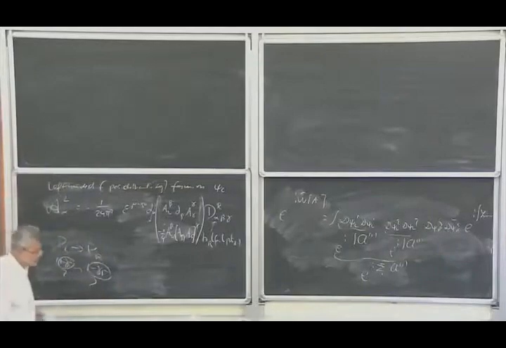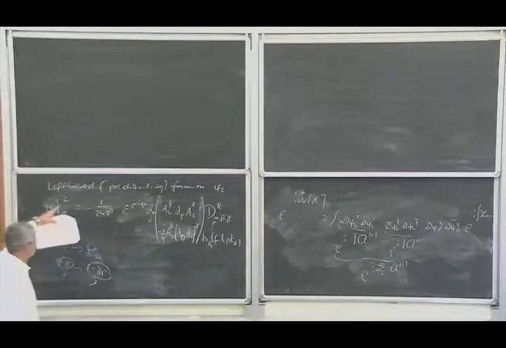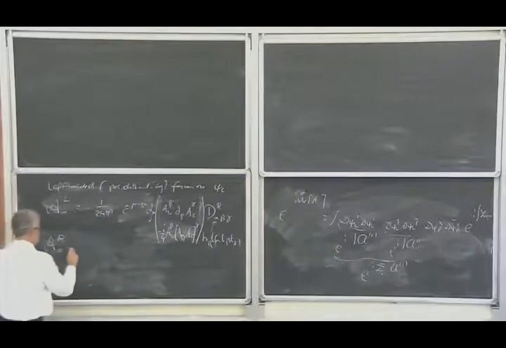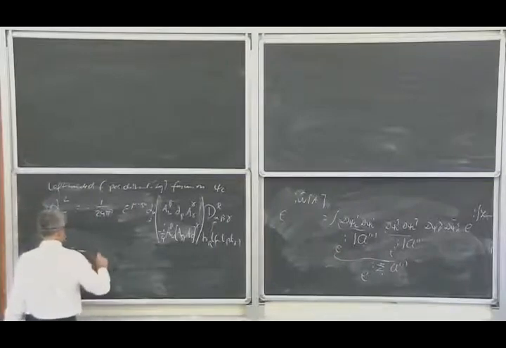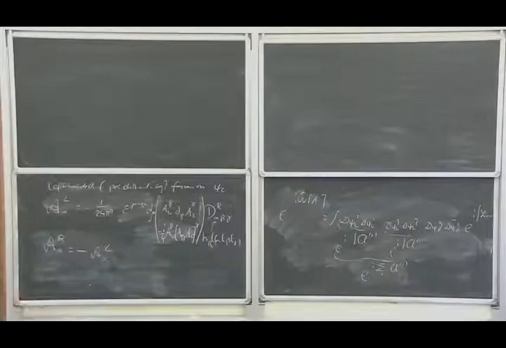Okay? Otherwise, the computation is the same. So then the anomaly for a right-handed particle just gets an extra minus sign. So A alpha for a right-handed chiral fermion is just minus the anomaly of a left-handed fermion, which otherwise comes in the same representation of the gauge group.